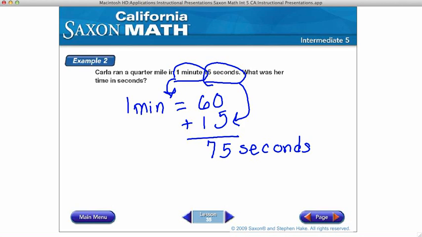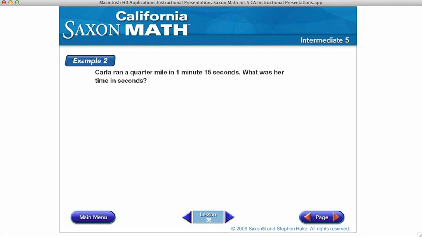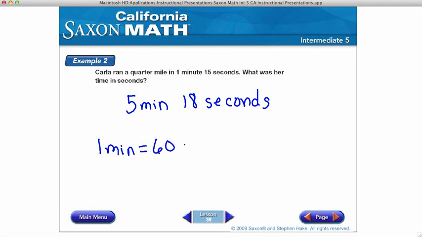Okay, let's try another one. Let's say that Carla ran a mile in 5 minutes, 18 seconds. How many seconds is that? So I take my 5 minutes. I know 1 minute equals 60 seconds.